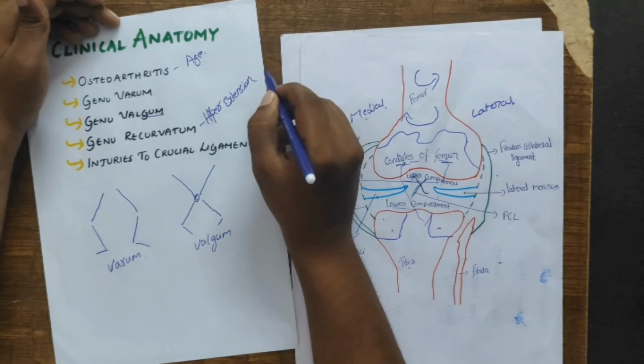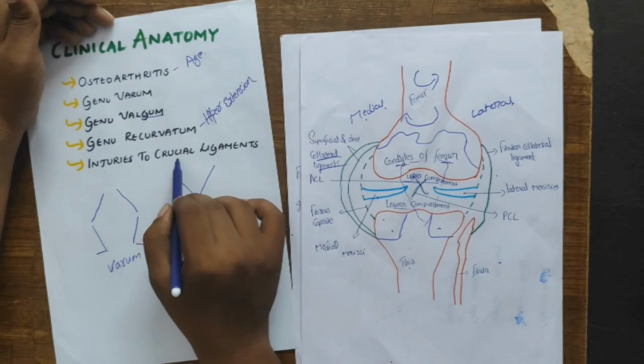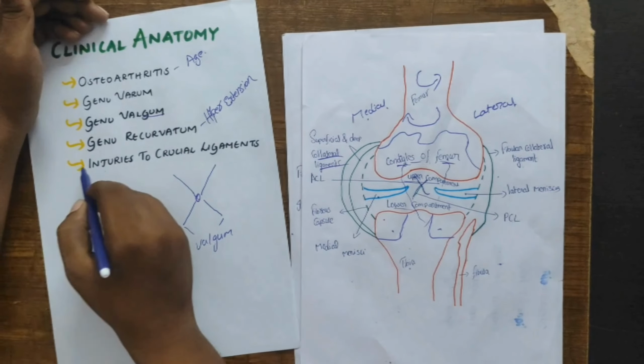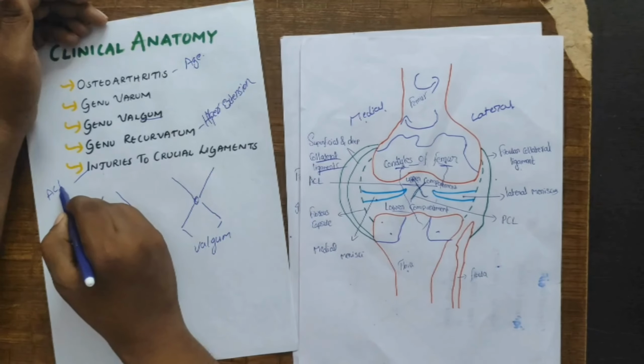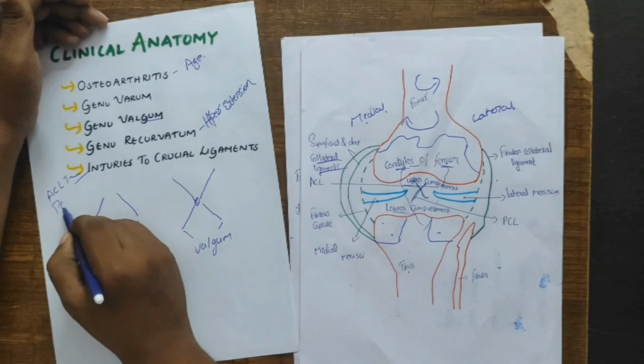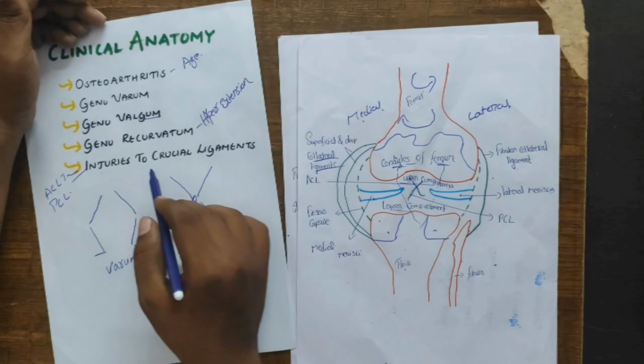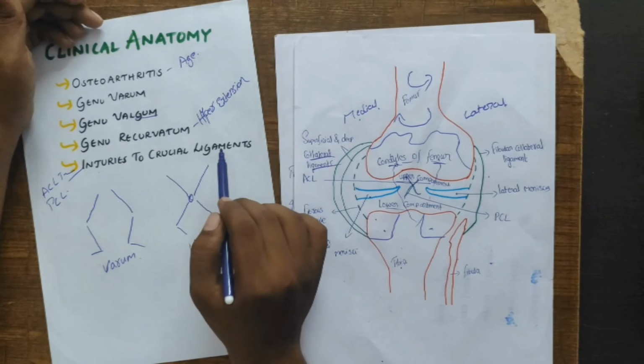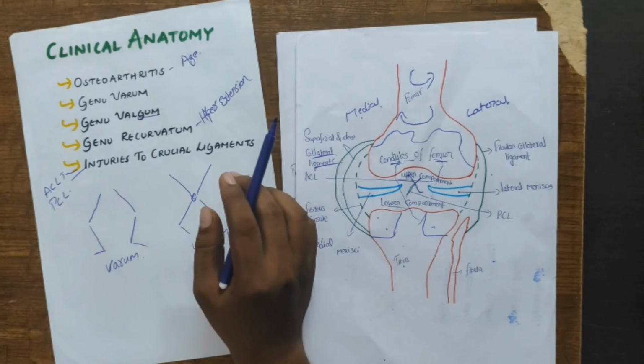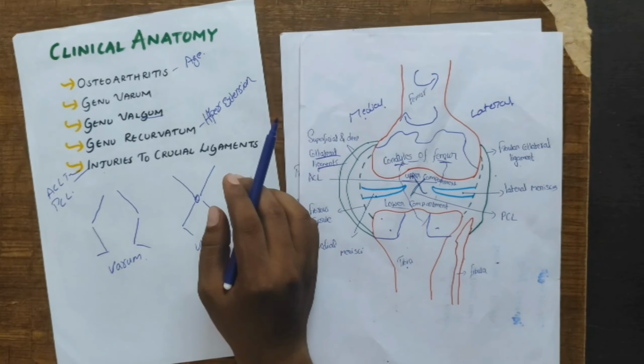Injuries to cruciate ligaments include ACL tear and PCL tear. This is all about the knee joint.